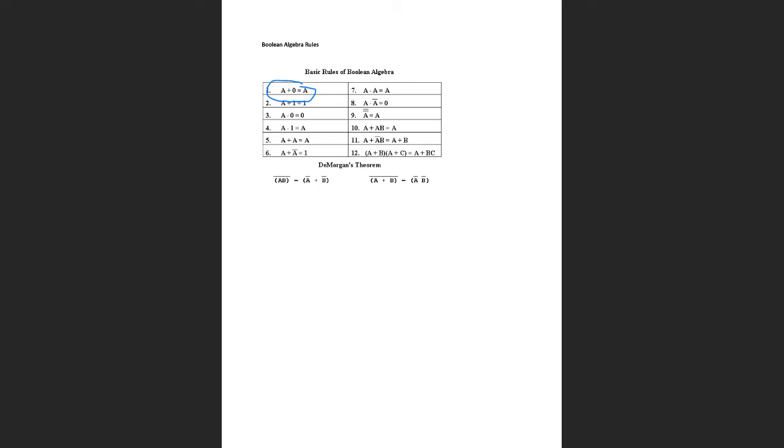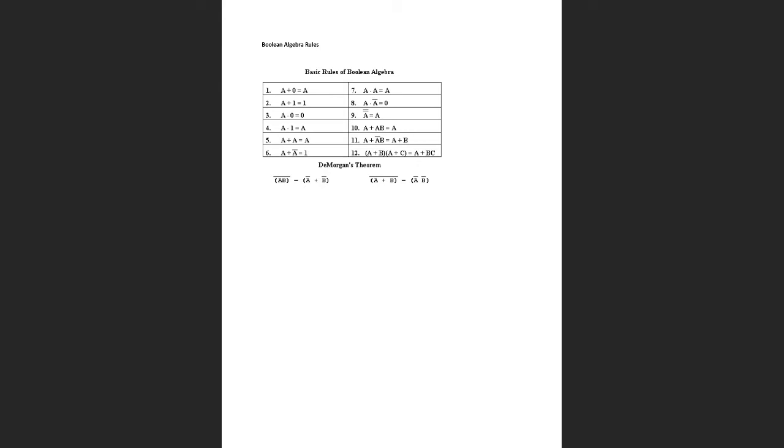So the first rule says that if you OR A with zero, you're going to get whatever value A is. So if A is a zero, you have zero or zero, which makes it a zero. Or if A is a one, you OR a one with a zero, then you get the same thing back that you're ORing it with. So if you OR something with a zero, you get that same binary quantity back. If you think about that, that one makes sense.